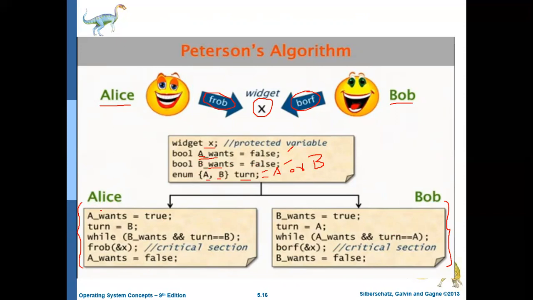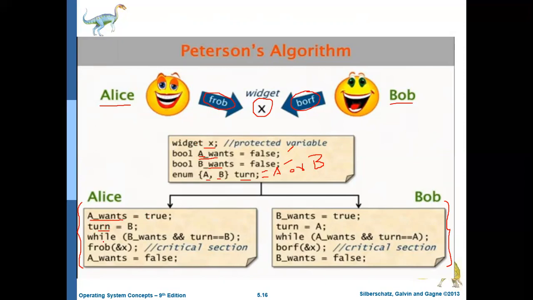What Alice is doing is, Alice wants to frob X. So Alice makes A wants equal to true, because Alice wants to perform an operation on X, and that operation is frob. At the same time, Alice is making turn equal to B. That is, if B also wants to perform an operation on X, let B do that.